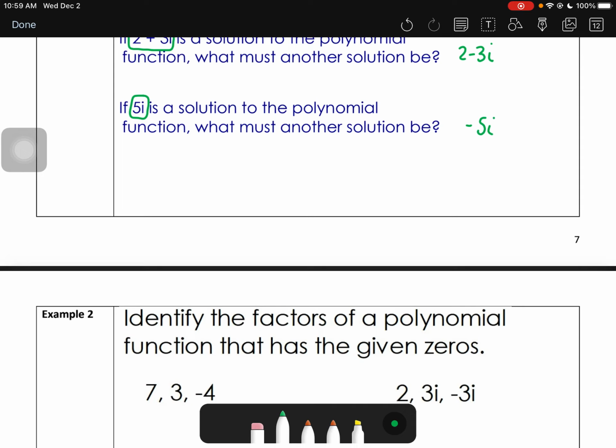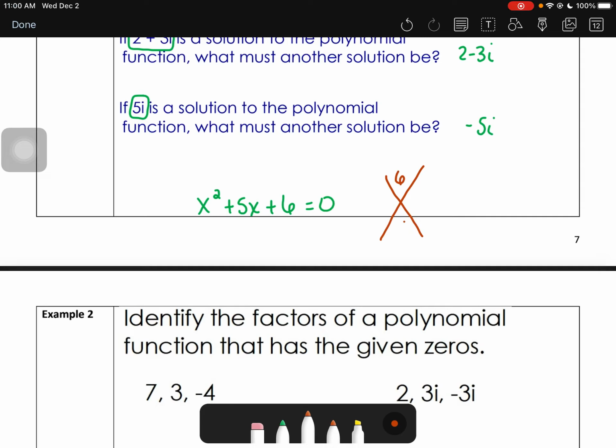So if we take a look at a polynomial function, let's use a quadratic for instance. If I have x squared plus 5x plus 6 equals 0, and I want to find the solutions, what I can do is factor.